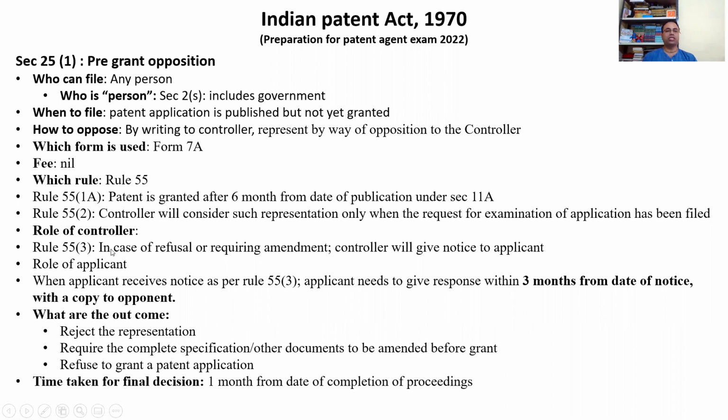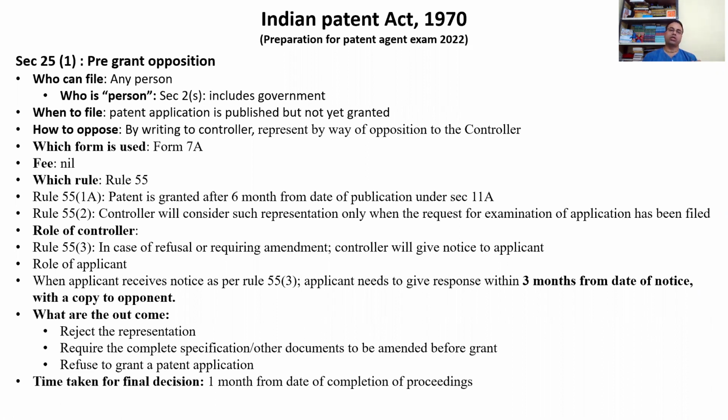Rule 55(3) says that in case of refusal or required amendment, the controller will give notice to the applicant. What is the role of the applicant? When the applicant receives notice as per Rule 55(3), the applicant needs to give a response within 3 months from the date of notice. So the application is filed and published according to 11A, and it is not yet granted, and you file a pre-grant opposition by way of representation using form 7A.